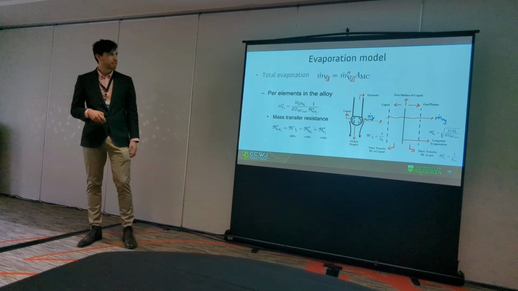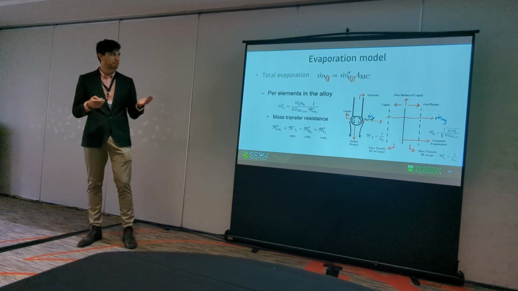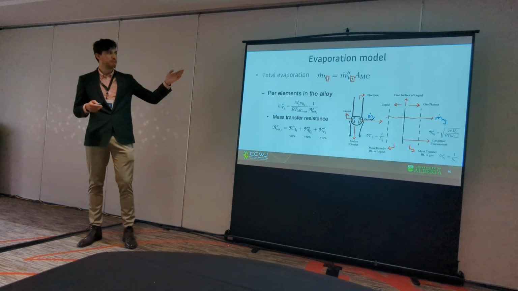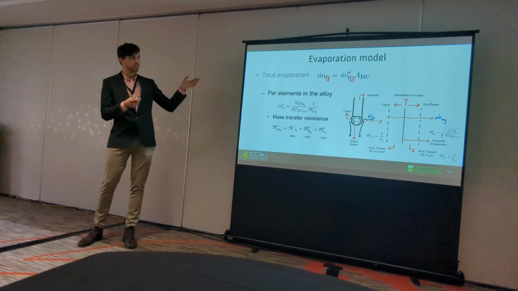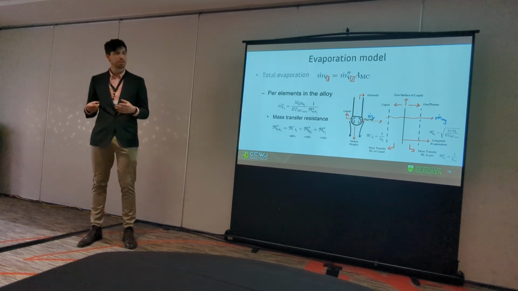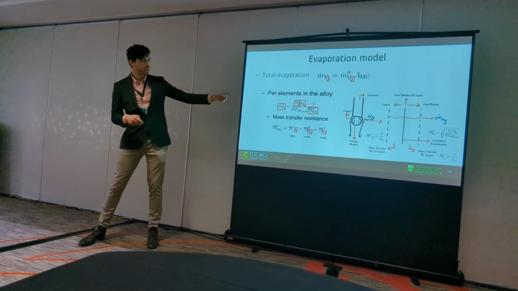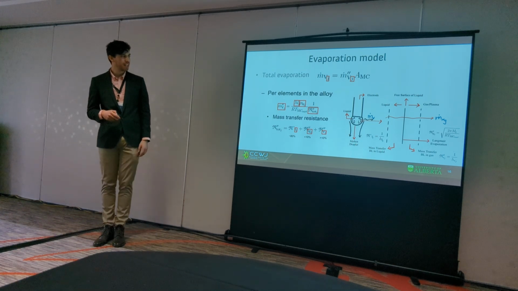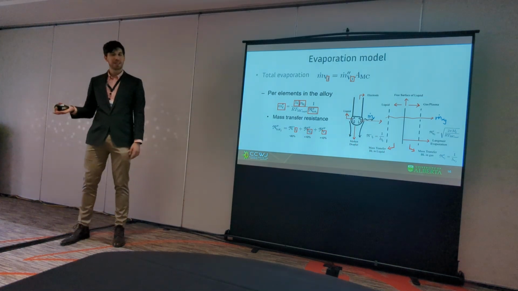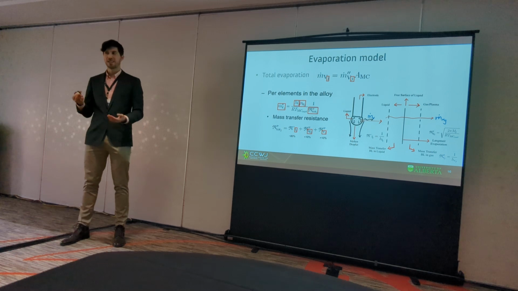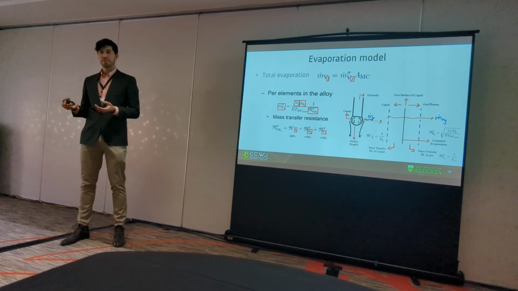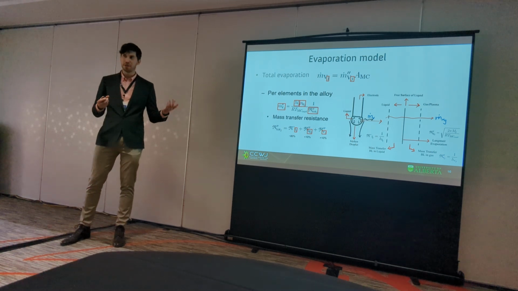Okay, these small j's mean that we're gonna go studying how each element of the alloy is going to evaporate in our system. So all these j's that you can see in those red things are for each element in the alloy, so we can predict how much magnesium is going to evaporate from our aluminum alloy.